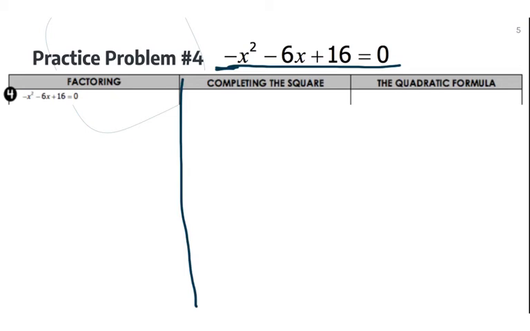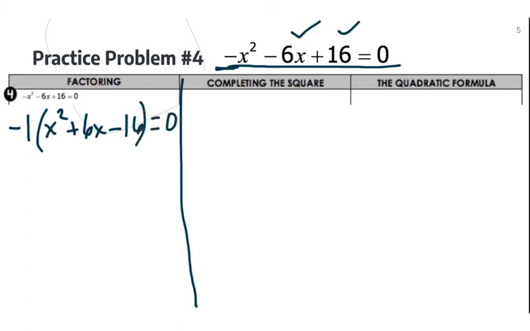So I'm going to take that out as a greatest common factor. And negative 1 times x squared gives me negative x squared. Negative 1 times positive 6x gives me negative 6x. And negative 1 times negative 16 gives me positive 16.